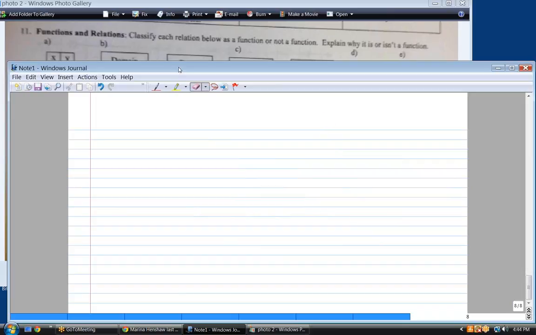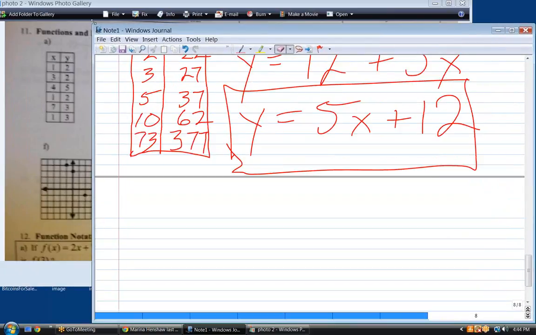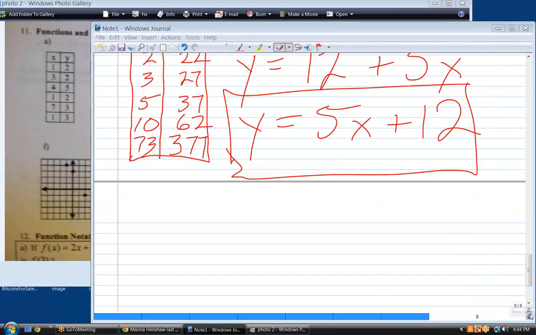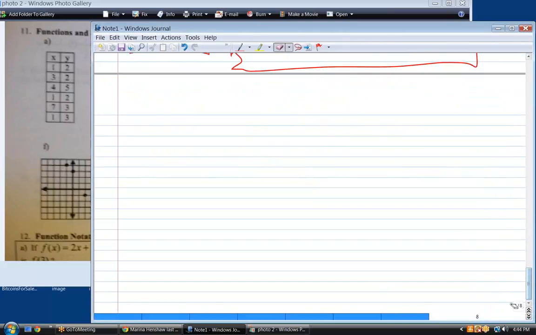So when we're looking at a table, remember our definition. For a given value of x, we can have at most one unique value for y. Does this table A violate that?